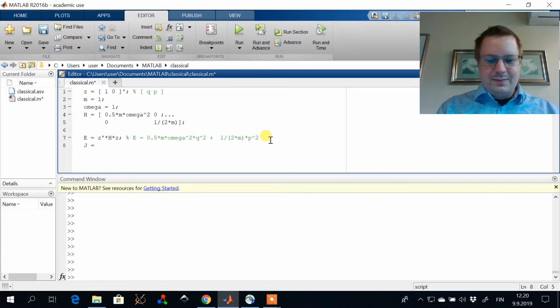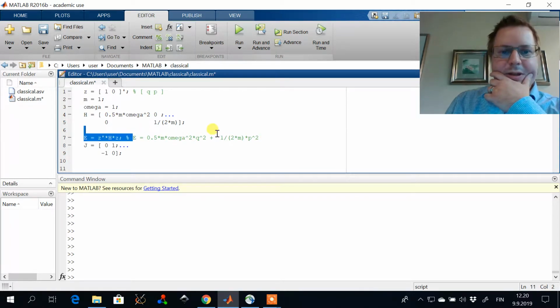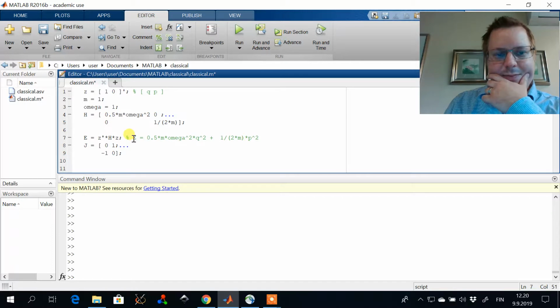Then I will define a symplectic matrix, which will look like this. And then if I take the derivative of E with respect to Q or P, I can actually do that by, it will actually become just H multiplied by Z times 2.